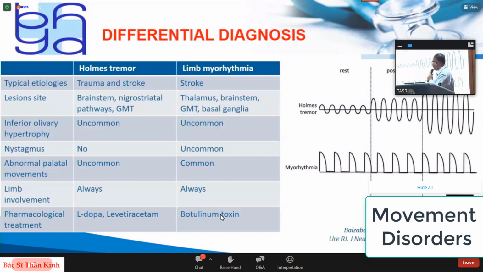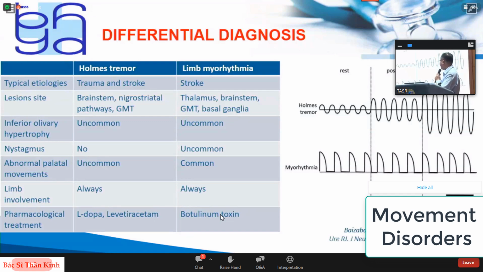It needs to be differentiated between Holmes tremor and limb myorhythmia in clinical examination because these two phenomenologies have the same presentation, like rest tremor, postural tremor, and goal-directed tremor with low frequency.